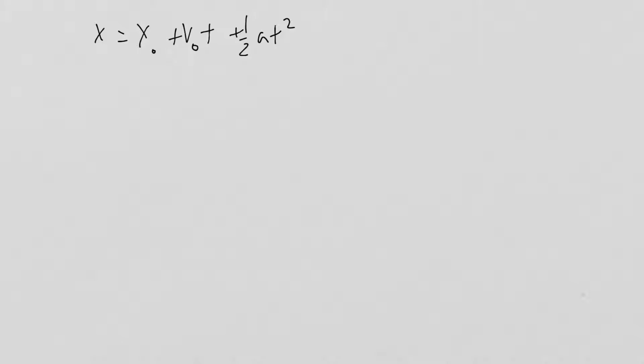So x final is 0. It's on the ground. x initial is h. v initial, we're told it's released from rest, so this is plus 0. The acceleration is g over 2 downward, so it's a negative sign. And then we have a t squared.